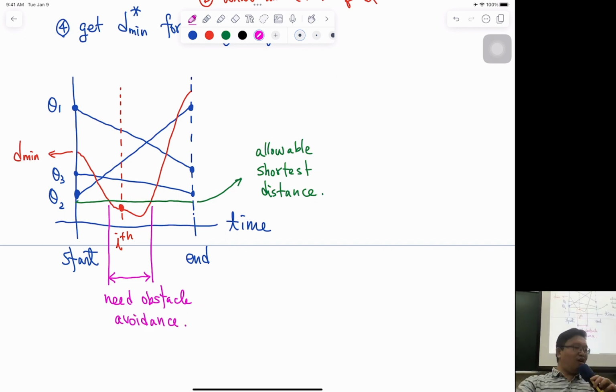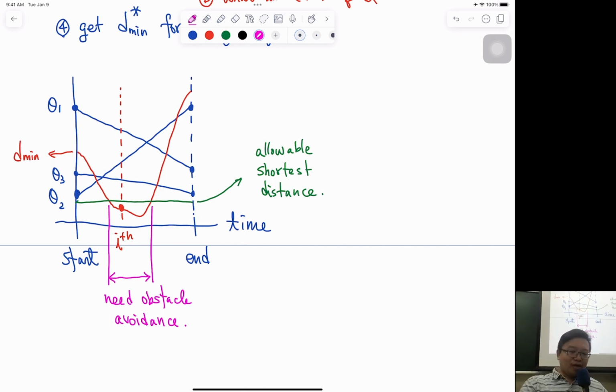So the key of doing obstacle avoidance is that you need to figure out along every moving trajectory at which portion you need to change your coordinate. So always figure out what is the shortest distance between the obstacle and the robot.